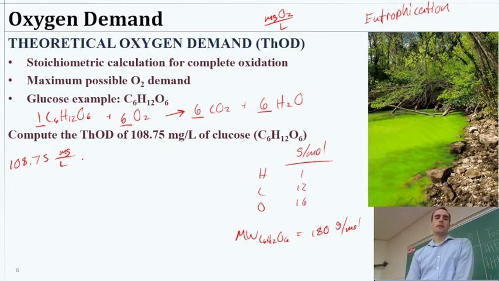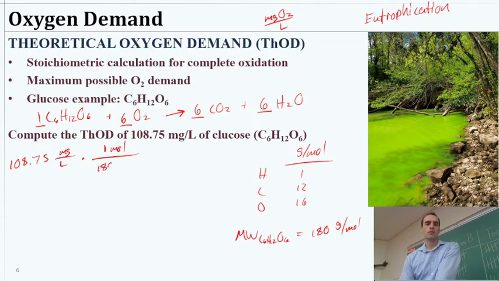And so that means we can take this 108.75, multiply this by 1 mole for every 180 grams of glucose, and we also have to account for the milligrams, so we need to do 1 gram per 1,000 milligrams.